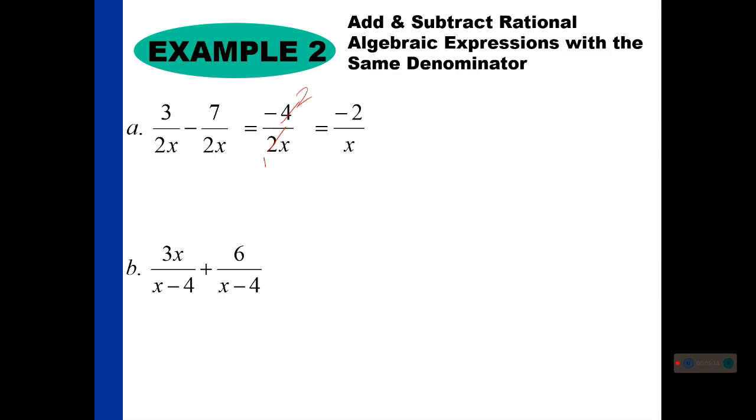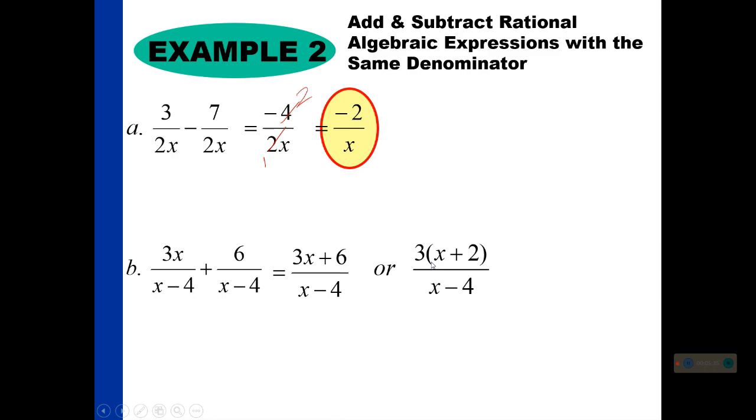Next, let us have 3x over x minus 4 plus 6 over x minus 4. So we have here 3x plus 6 over x minus 4. And then you can still simplify this as 3 times x plus 2 over x minus 4.